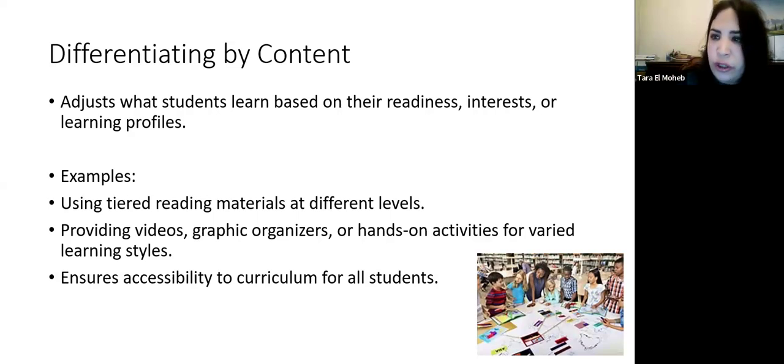Providing videos for visual learners, or graphic organizers or hands-on activities for kinesthetic learners, for varied learning styles. So we should employ all learning styles. Ensure accessibility to the curriculum for all students, so that they are aware of the material and ready to handle it with full capacity.